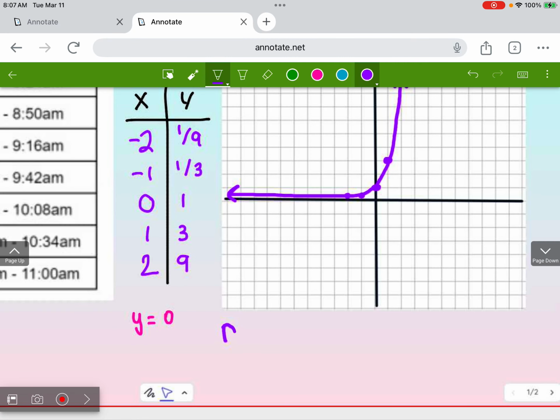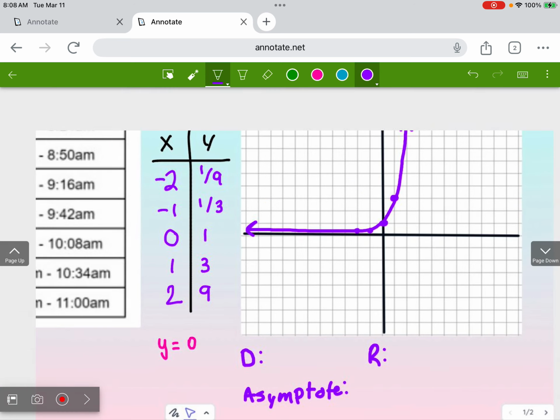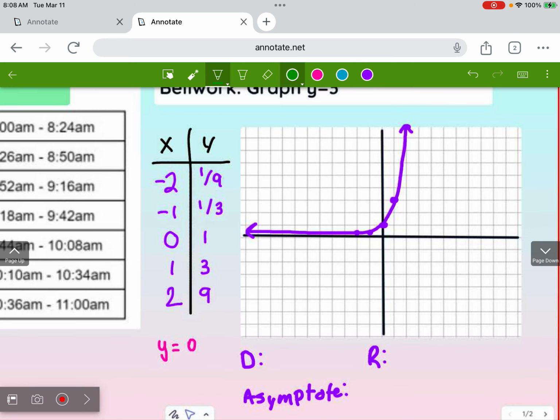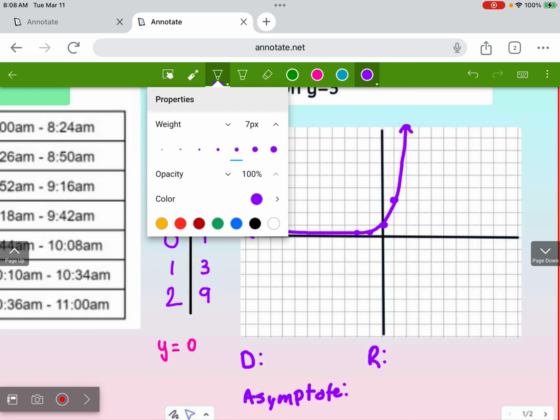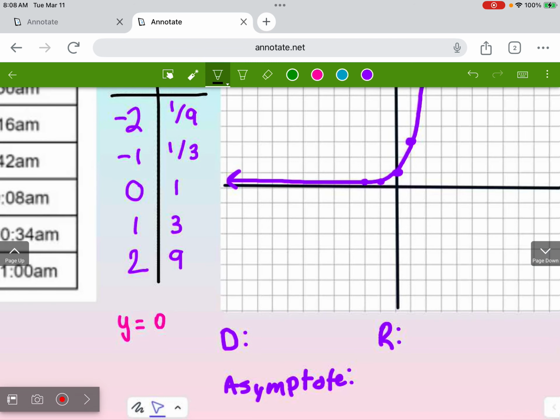So on a lot of these questions, we're going to ask you the domain, the range, and the equation of the asymptote. So our domain, and this is true for all of our exponential functions, all of our exponentials are going to have a domain that goes from -infinity to +infinity.